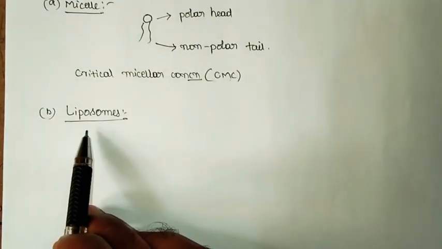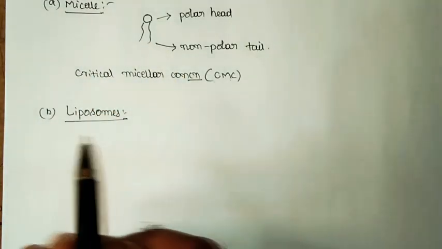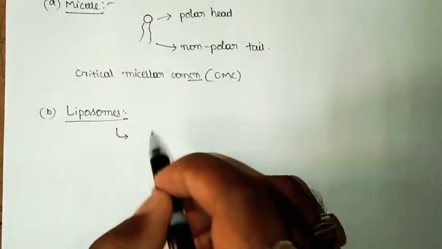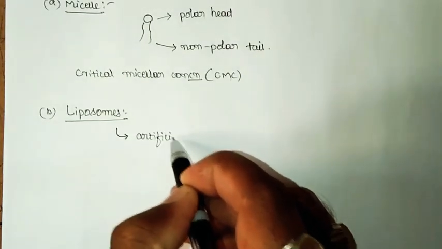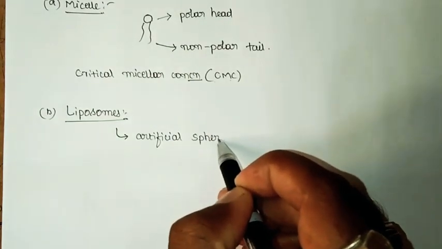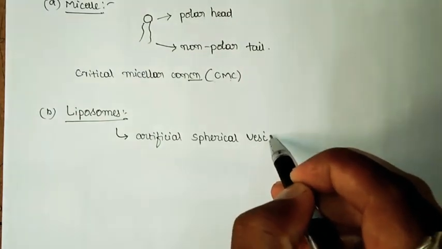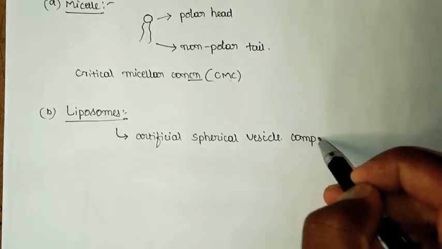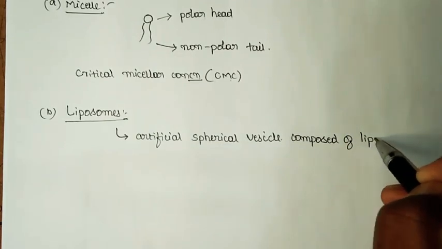Liposomes are artificially prepared spherical vesicles, and they are mainly composed of a lipid bilayer.